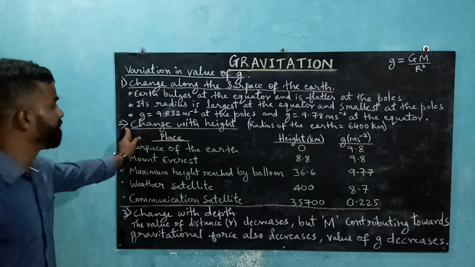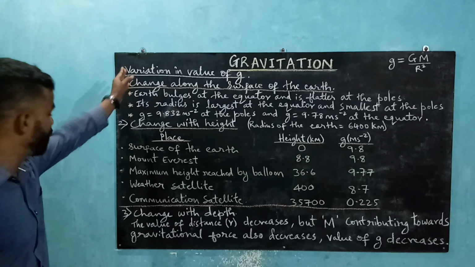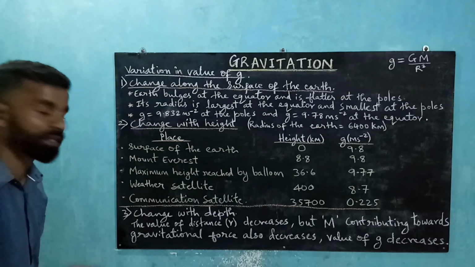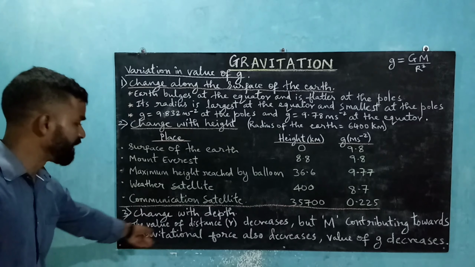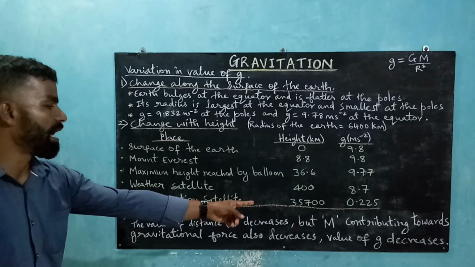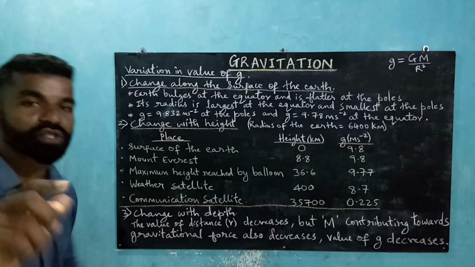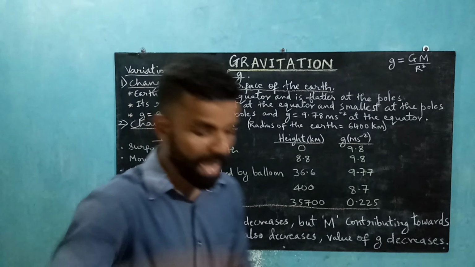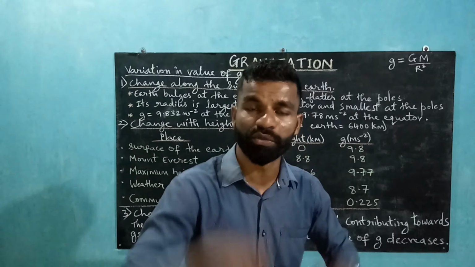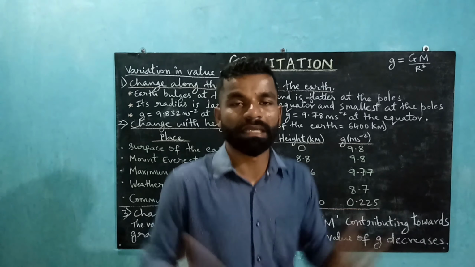So this was the second factor where the value for g varies. Third factor, change with depth. The value of distance r decreases, but m, which is the mass of the earth contributing towards gravitational force, also decreases. Now you will think that as you go down, if you dig the ground, the value for acceleration due to gravity will increase.